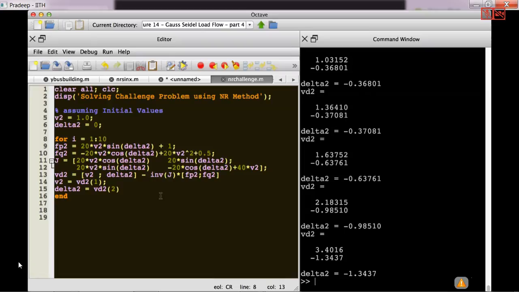But I hope you understood the general procedure of how to solve a Newton-Raphson load flow. I'll share today's notes and also all the mathematics involved. You will have to practice it separately.